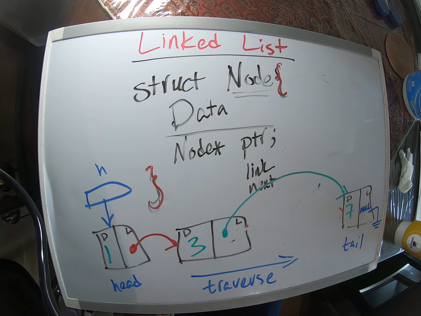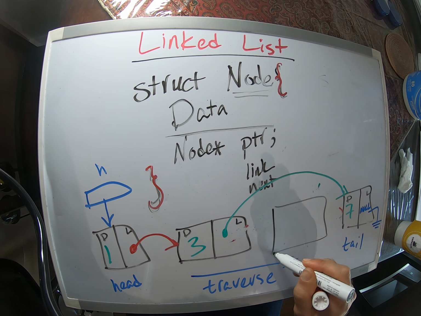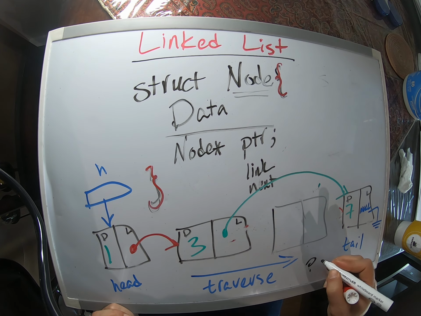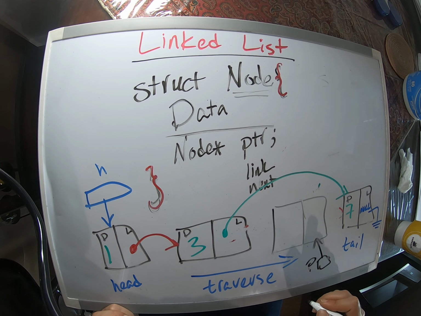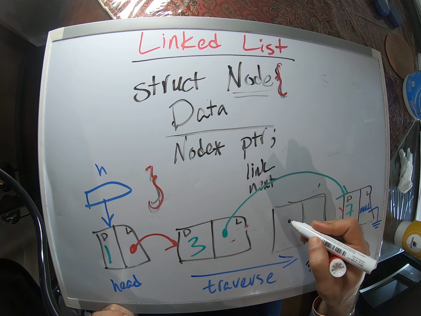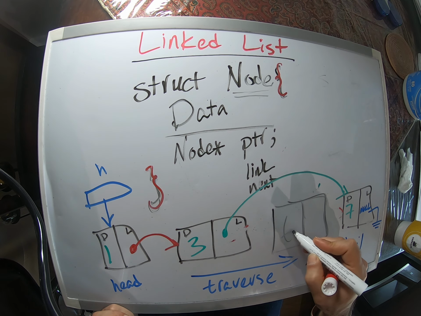And now, let's say you want to insert a node with new data. Again, that's going to be easy. So first of all, you create a dynamic node. You fill it with the data that you want to insert, let's say 6, right?